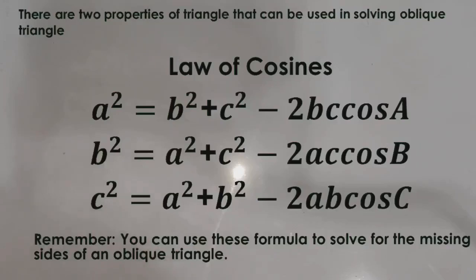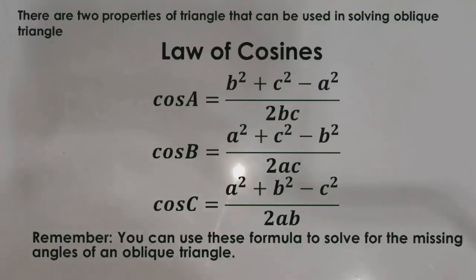And lastly, para makuha natin yung side c, c squared is equal to a squared plus b squared minus 2 times side a times side b times the cosine of angle C. So, yan yung sa law of cosines kapag ang nawawala ay kahit alin doon sa tatlong sides.